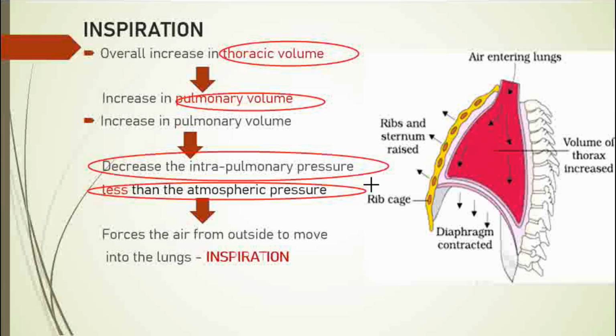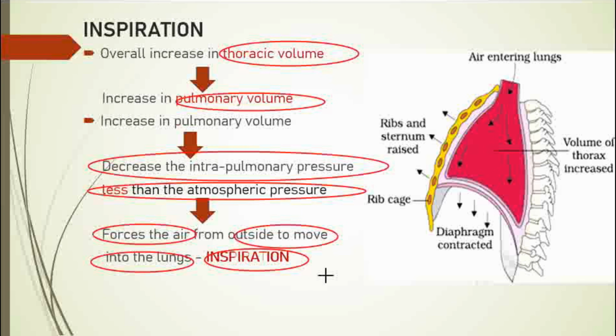So it gets decreased compared to atmospheric pressure. And because of this, naturally there will be a force, as I already mentioned. That force forces the air from the outside to move into the lungs. This is what we call inspiration.